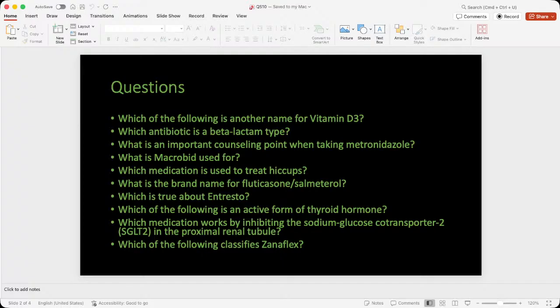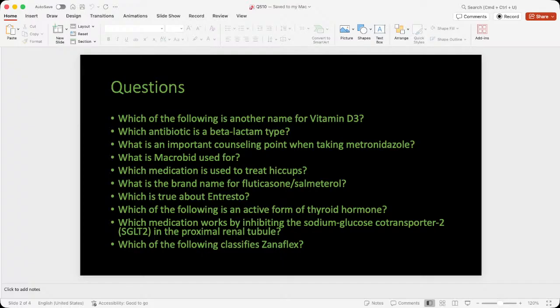So, vitamin D3 is a very essential vitamin. It's one of the most essential vitamins everyone needs. You get it from sunlight, and you get it from certain foods. Vitamin D in general comes in different forms.